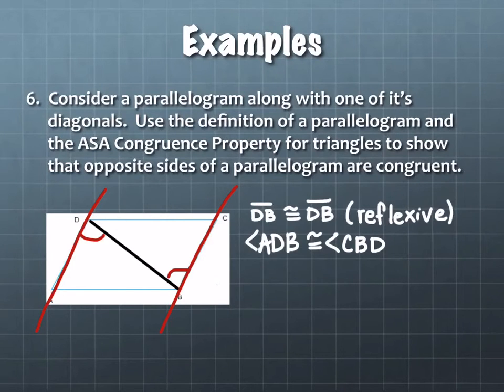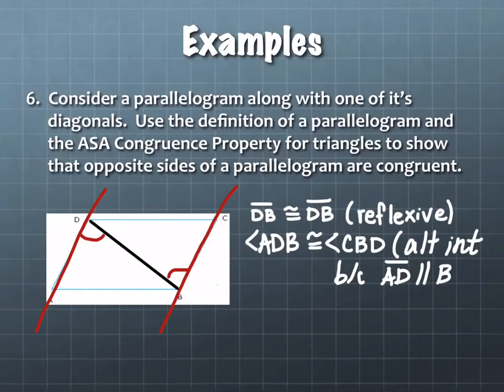So these are alternate interior because AD is parallel to BC. Why are DA and CB parallel, but DC and BD aren't? They are parallel. It's just that when I drew those in, those didn't make those angles alternate interior.